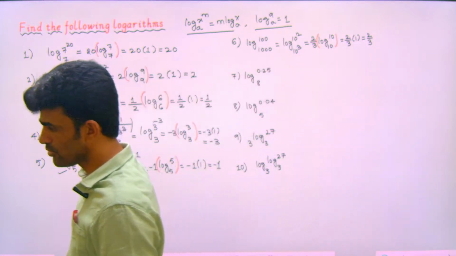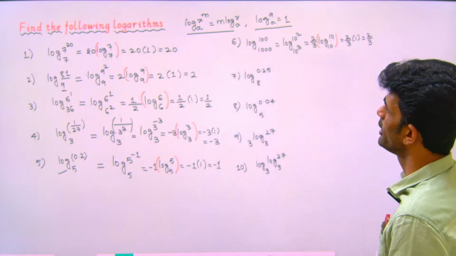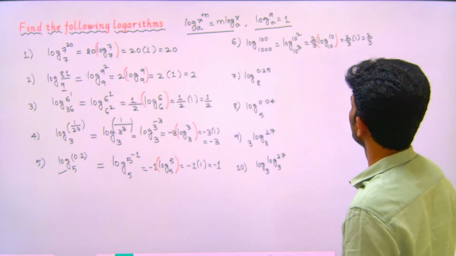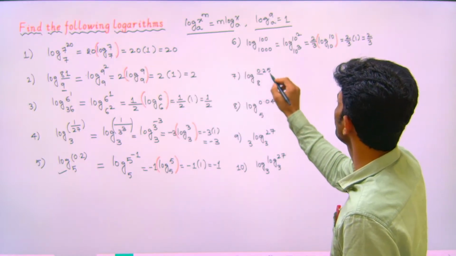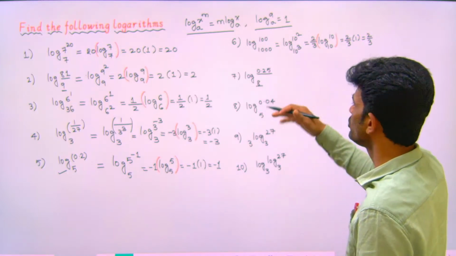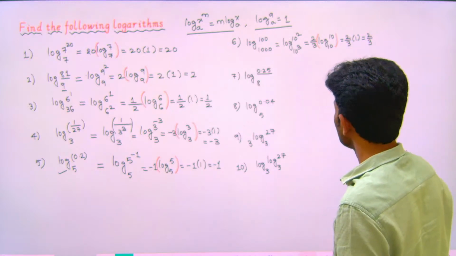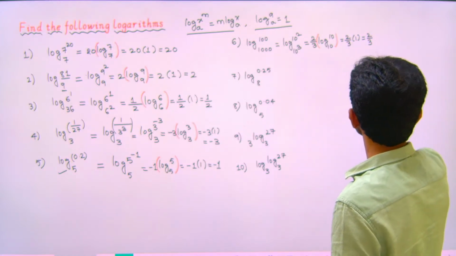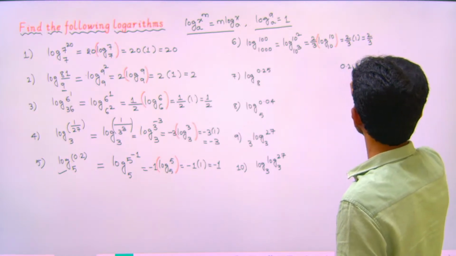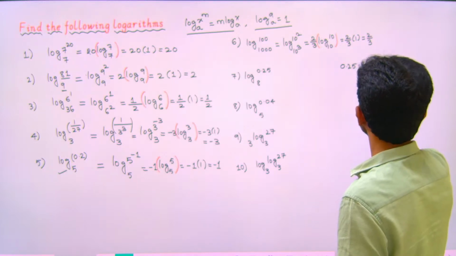Hope you understood that also. All these are some simple problems. Later, tomorrow, we'll discuss some more complicated problems. Now 0.25 and down 8 we have. Both should be expressed in terms of the same power. So let us simplify 0.25 first. 0.25, how can we write? 0.25 can be written as 25 by 100.